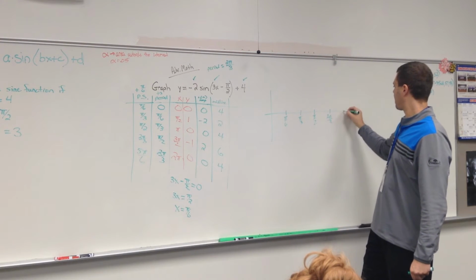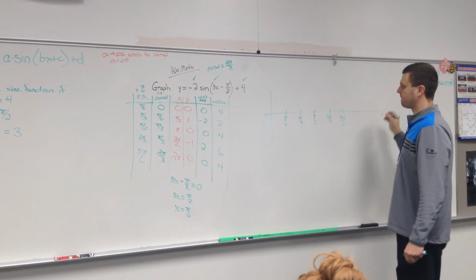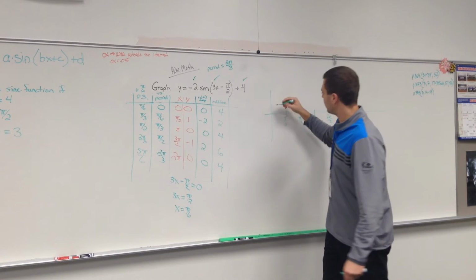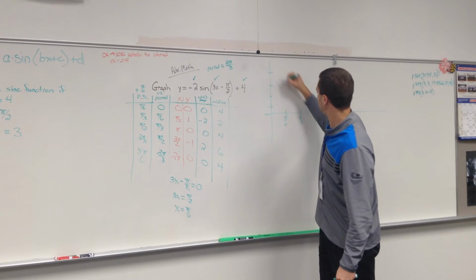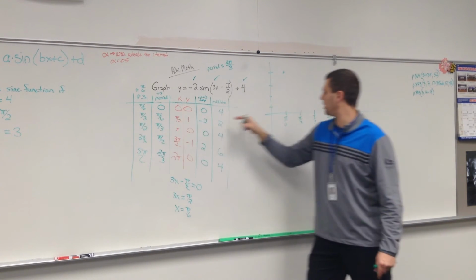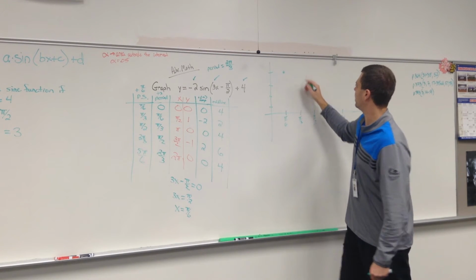We added 6's before. At pi over 6, I'm up at 4. At pi over 3, I'm down to 2. I'm not going to have room, shoot.